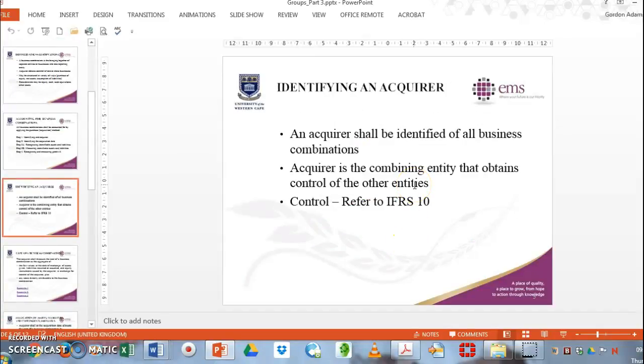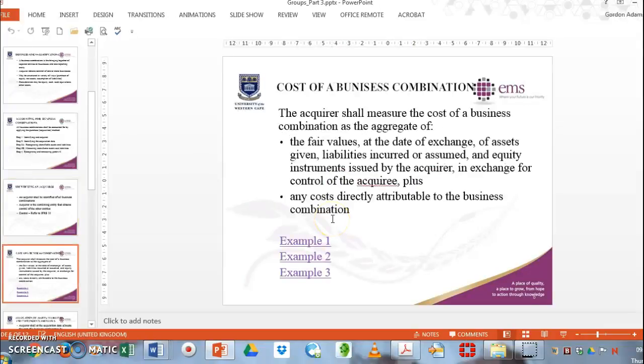So identifying the acquirer. The acquirer is the company who gains control over the other entity. The cost of the business combination. The acquirer shall measure the cost of a business combination as the aggregate of the fair values.